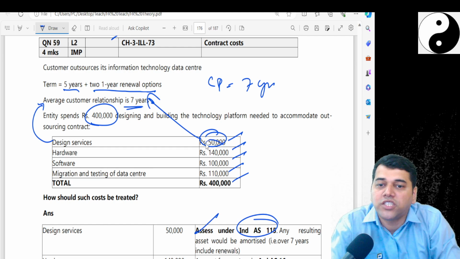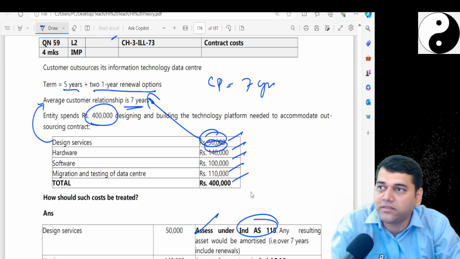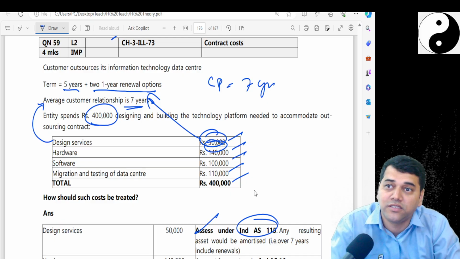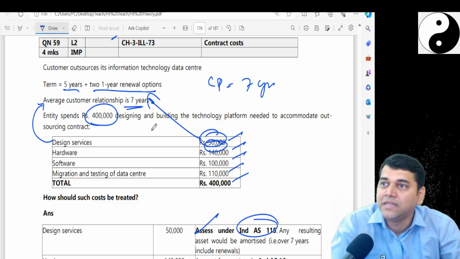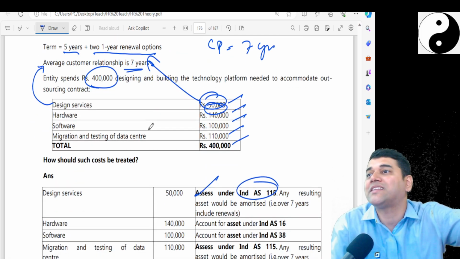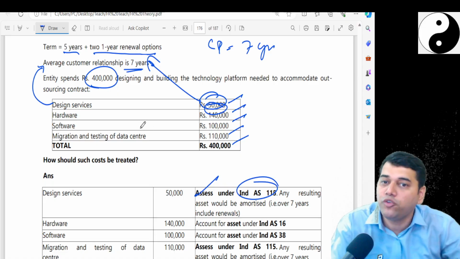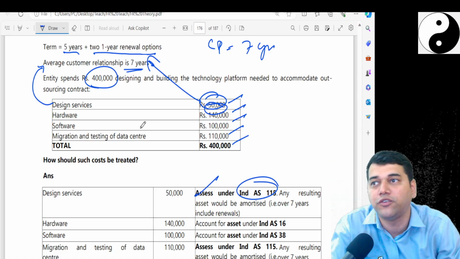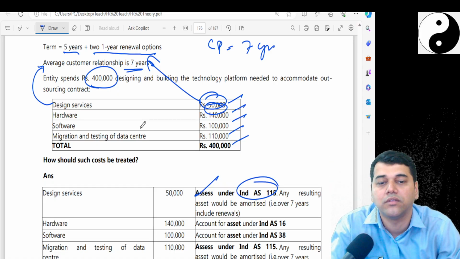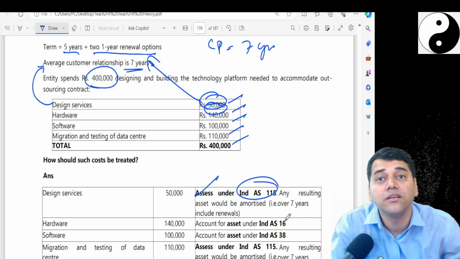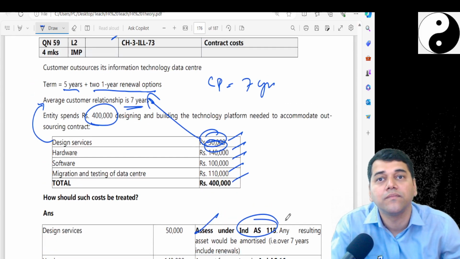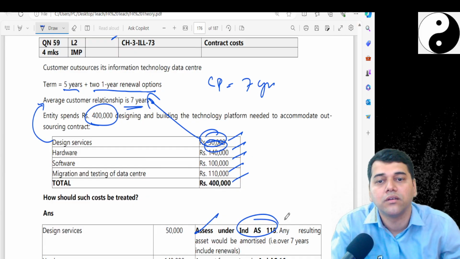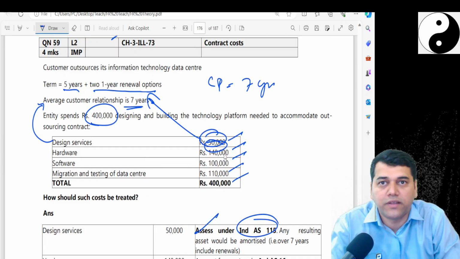Now, hardware cost, is it a contract asset or is it PPE as per Ind AS 16? PPE. So, it will go as depreciation over its life, because this hardware you may use after this contract is fulfilled. No, see, again the question is very silent.